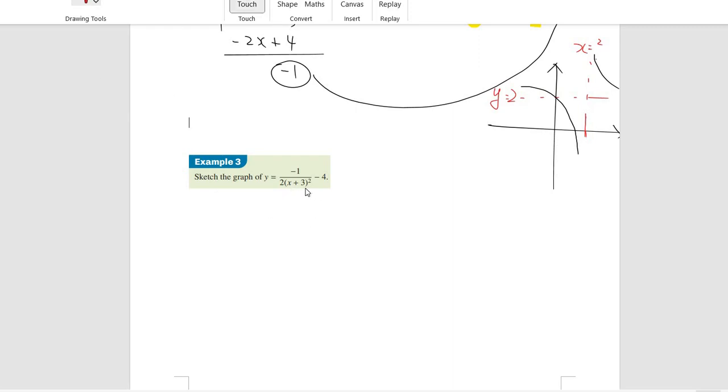That is, once you highlight the transformed effect over here, this minus 4 transforms everything down by 4 units. However, this plus 3 does not move everything to the right by 3 units, but instead moves everything to the left by 3 units. One quick way of doing that, like what we did in the parabola, remember what we did in turning point form, right?